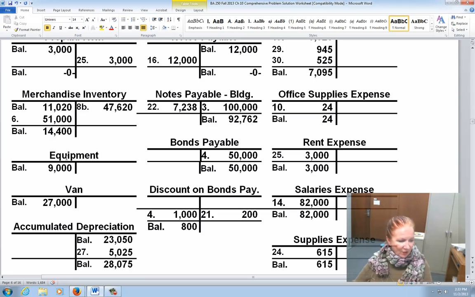Equipment is our first non-current asset. So we have equipment, vans, accumulated depreciation.